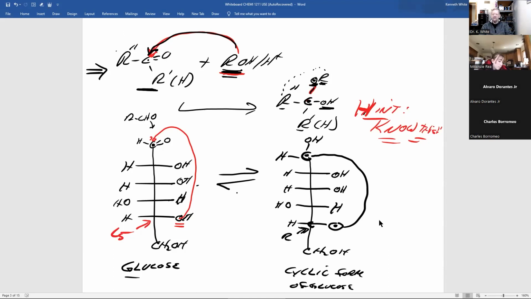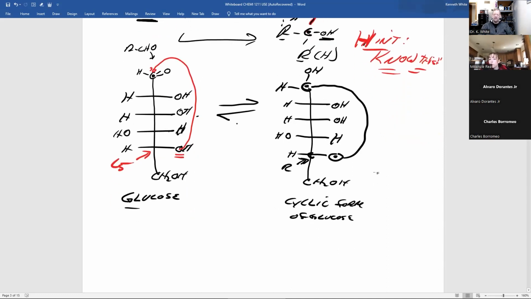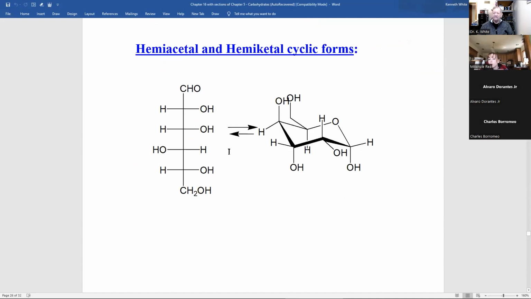Now, I'd like to ask you to consider the following. Which is easier to visualize and see what's happening? This or this? This is the same thing. This same hydroxyl group attacks the carbonyl.